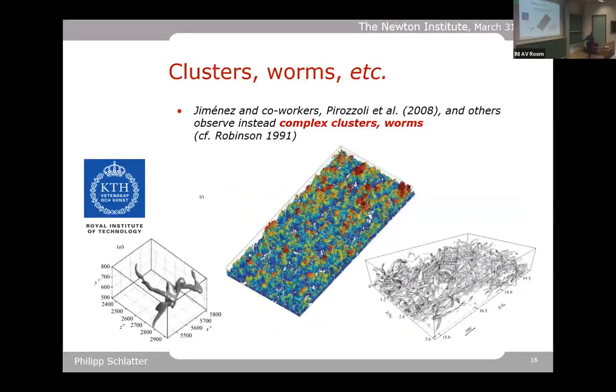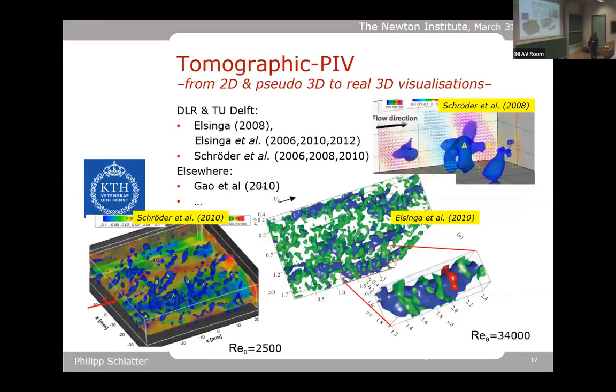Simulations, of course, were also at that time providing three-dimensional data. There it turned out to be much more complicated to find these structures, as we have also seen in the animation before. And it actually turned out that it seems to be much more complex structures, not these very nicely oriented hairpin vortices, as you can see in these figures here.